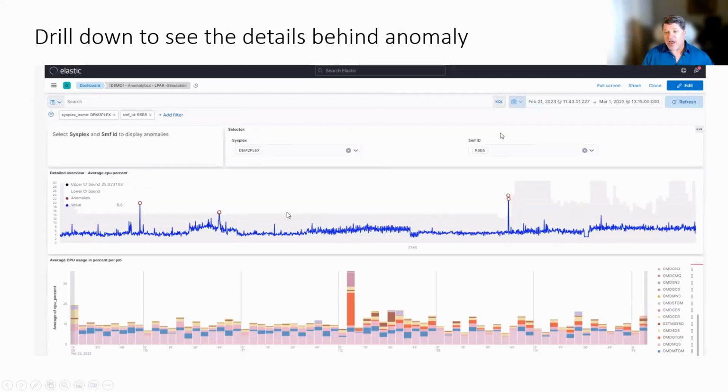But interestingly enough, when we ran our test, this one pops up. That was completely unexpected. So, here's an example of where we were monitoring the system, and we caught somebody doing some testing on the system that we didn't expect them to be doing at that time. They were running some work in TSO that was consuming quite a bit of CPU at that time. So we were able to catch that.